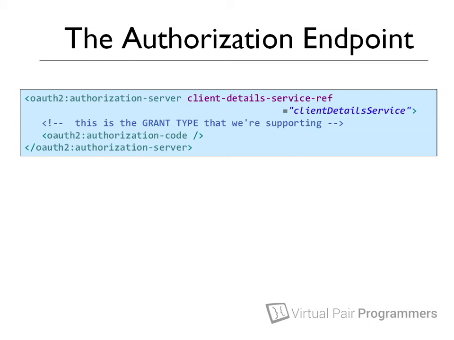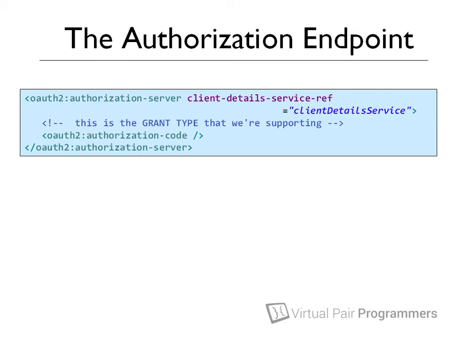We need one parameter, and this is a reference to a bean called client details service. I'll come on to that in a few moments. But there is an embedded tag inside here, and you can see that this is the authorization code tag.